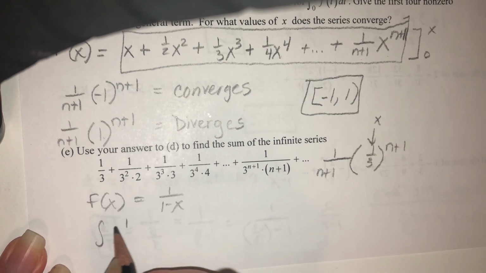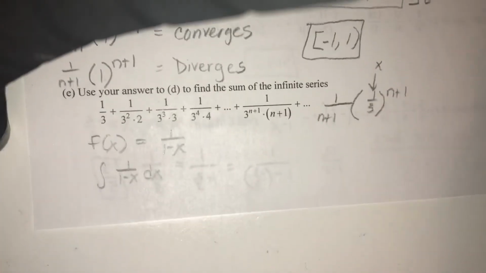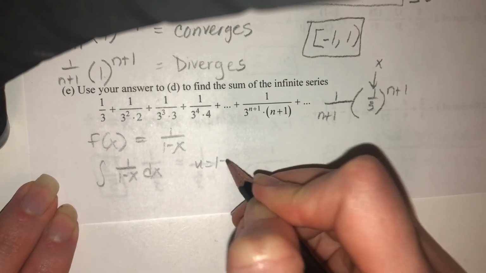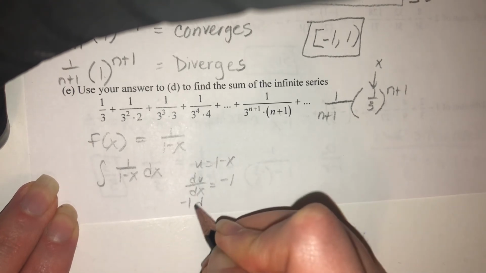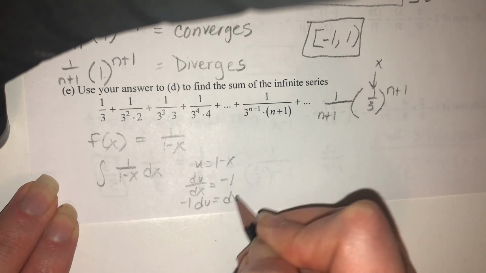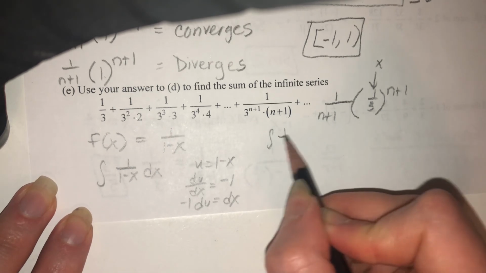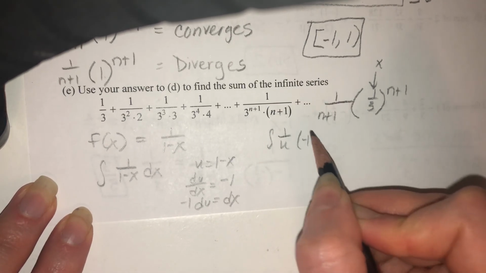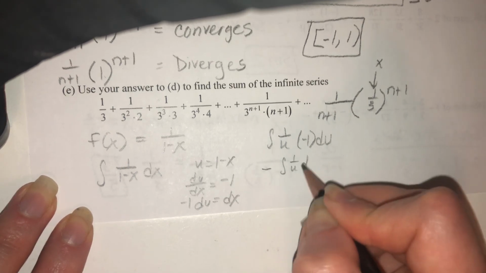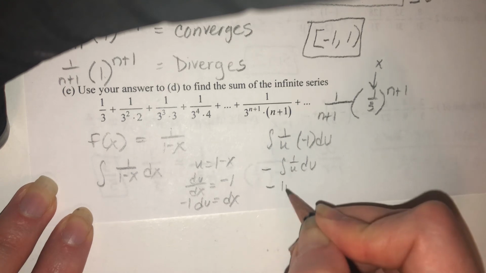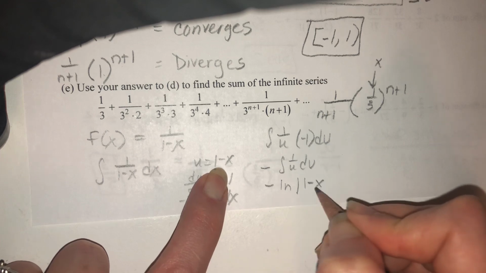So the integral of 1 over 1 minus x dx, we're going to have to do a little u substitution, right? U is 1 minus x. The derivative of u with respect to x is -1. -1 du is equal to dx. And so if I integrate 1 over u times -1 du, then I get negative integral 1 over u du, which is negative natural log of the absolute value of, go back to x, 1 minus x.